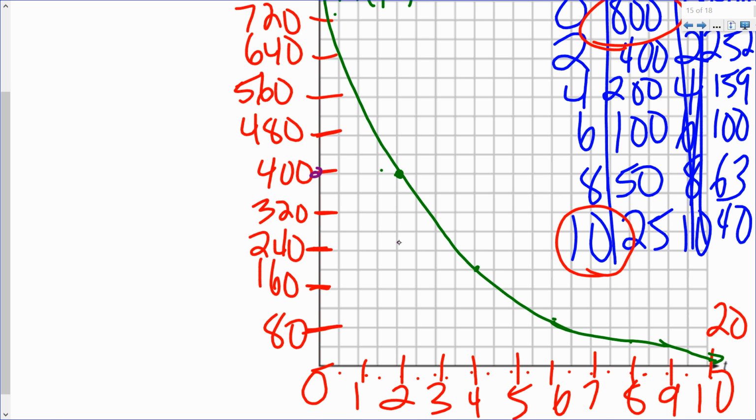A little bit more than 240. 4, 159, just under 160. 6, 100. 8, 63. 10, 40. That's going to be A of t.